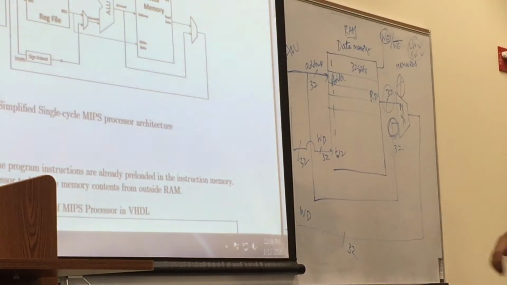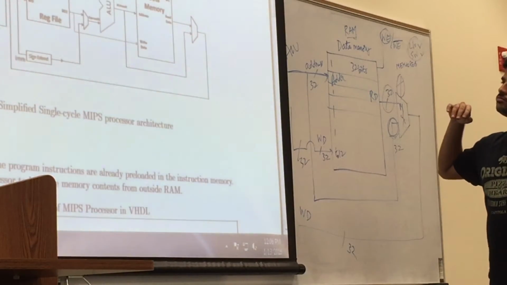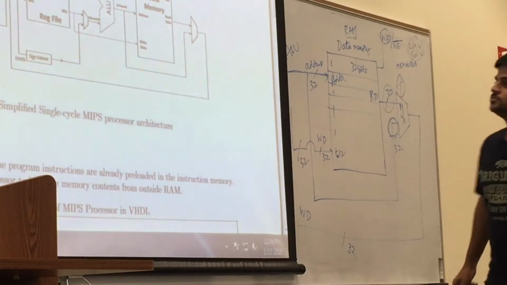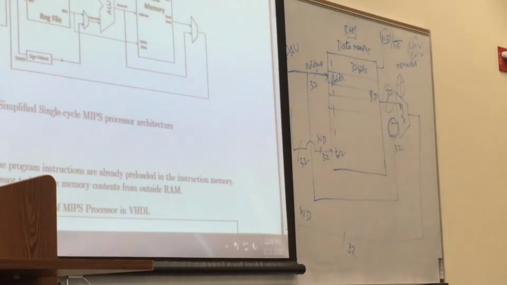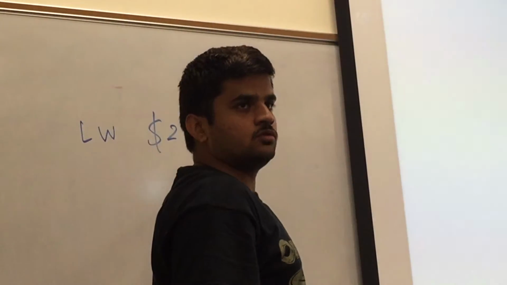It's because when you do load word, it will be something like $2, 0 of $1. This is the immediate value.